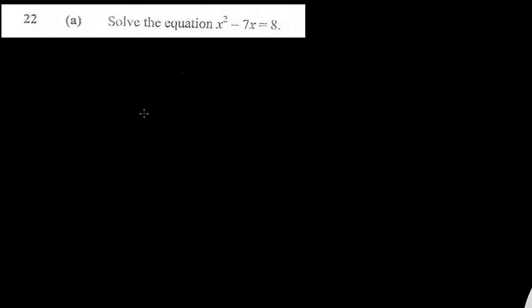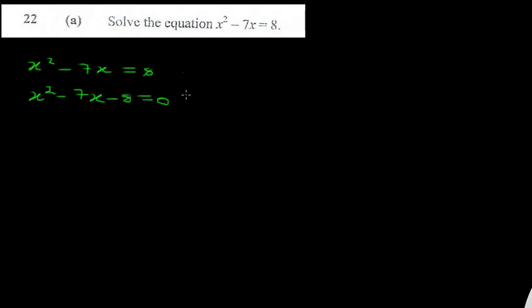We can move on to question number 22. Here's question 22a. So 22 has got a and b. So let's start with a. We've got solve the equation x squared minus 7x equals 8. So what do we do? We have everything on one side.